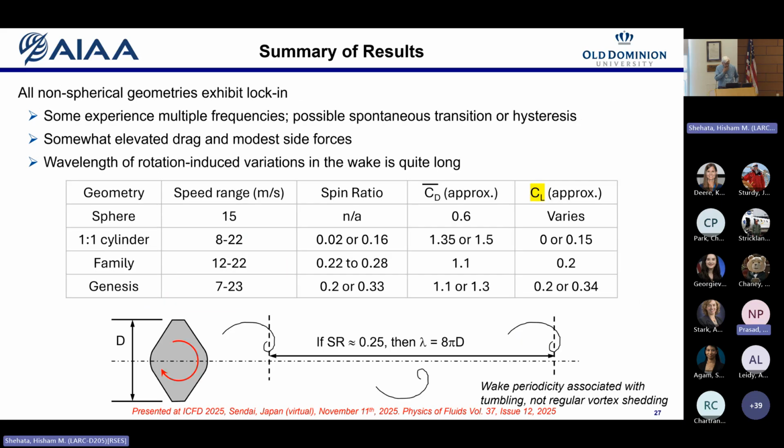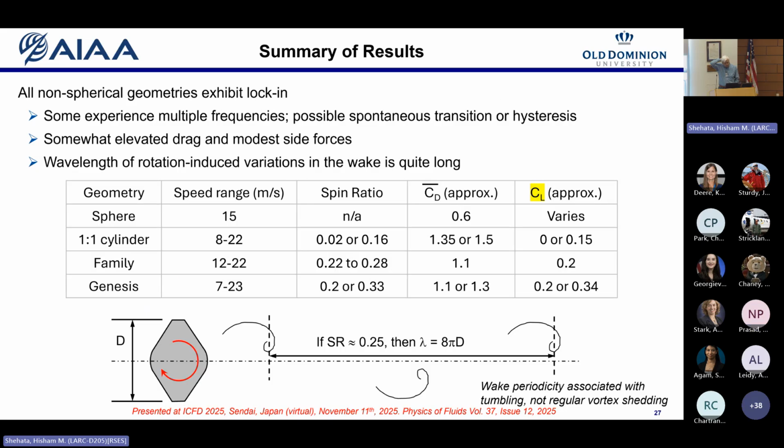To summarize results there, so you've got the sphere, which doesn't show the tumbling behavior because of symmetry, the one-to-one cylinder, the family of geometries, and then the Genesis capsule. The dimensionless spin ratios, all in the same sort of range for the capsule-like shapes.